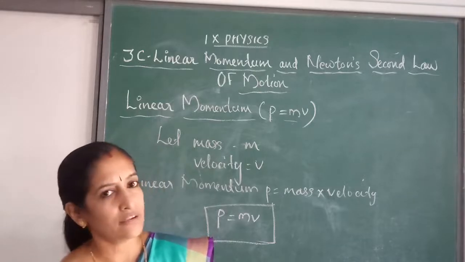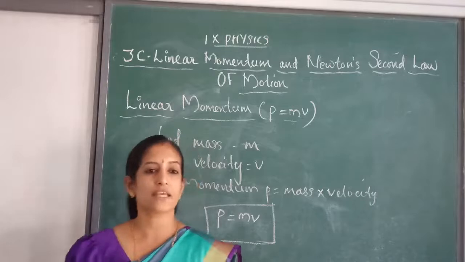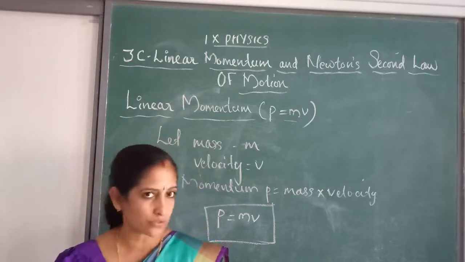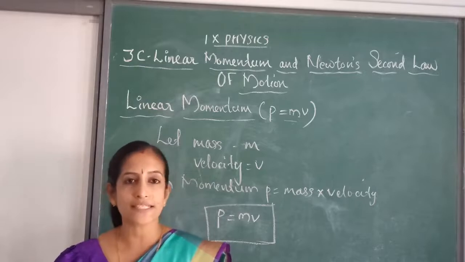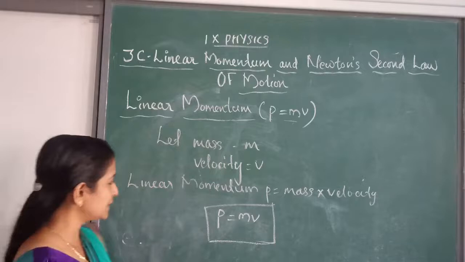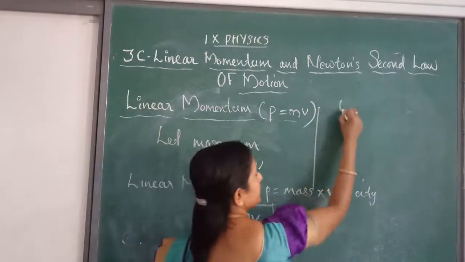And in which direction the object is moving matters, or in which direction we are applying force. Force is in the opposite direction of the motion of the object. So we can say linear momentum is a vector quantity. And let's see the unit of linear momentum.